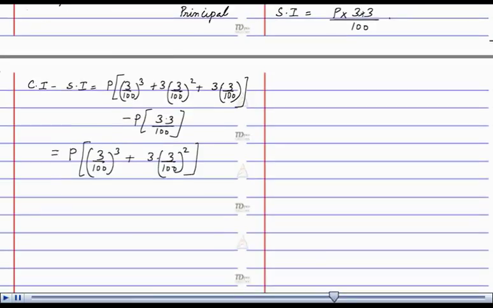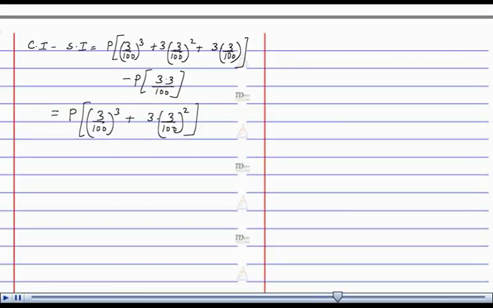It is given in the question that the difference of the compound interest and simple interest is rupees 27.27. Therefore, 27.27 is equal to P into 3 upon 100 the whole cube plus 3 into 3 upon 100 the whole square. If we take the LCM on the right hand side, it would come out to be 100 cube.